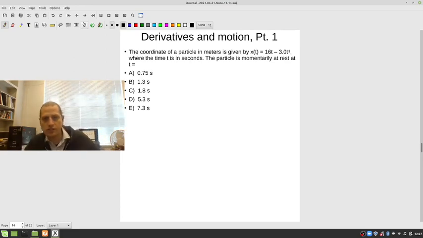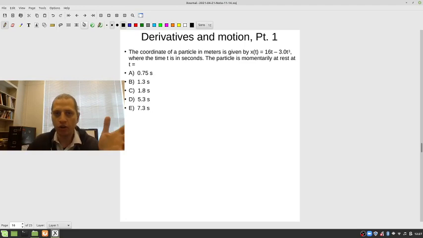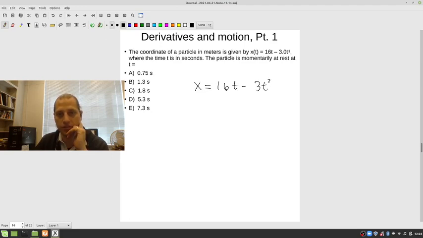Okay, so let's do another. I just want to hammer home the difference between instantaneous and average. If you have the coordinates here, here's your x equals 16t minus 3t squared, or sorry, t cubed.